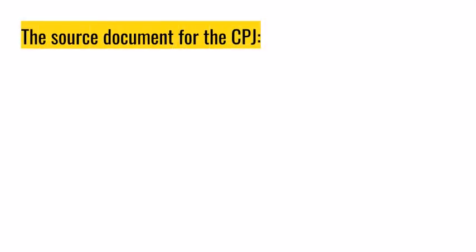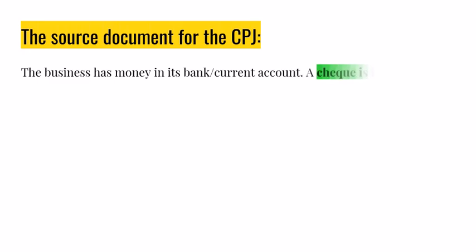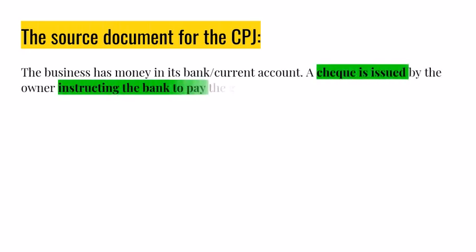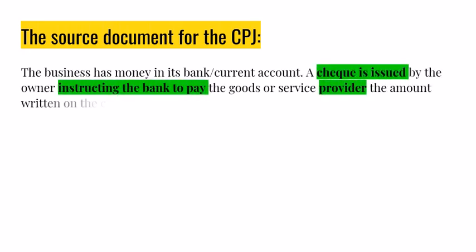The source document for the CPJ is extremely old school, and to be honest, I am not sure why we teach it to you like this anymore. But what we work with is what they call a check. The book says that the business has money in its bank account, and then a check is issued by the owner instructing the bank to pay the provider or the supplier the amount that is written on the check.